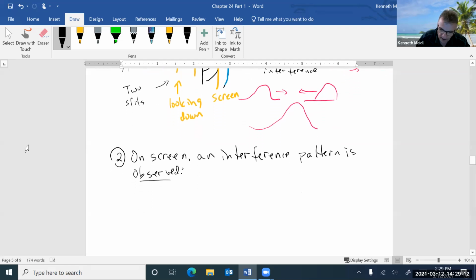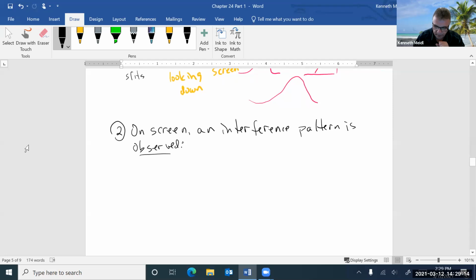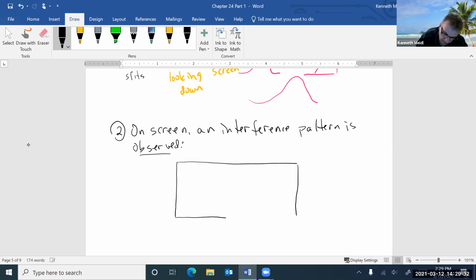Okay, and so let's say that the two openings, the two little slits, are kind of right in front of us. The waves have gone through them, and when you're looking at the screen, so maybe here's the screen here, what you get is a spot where the two waves add together, and it's light.